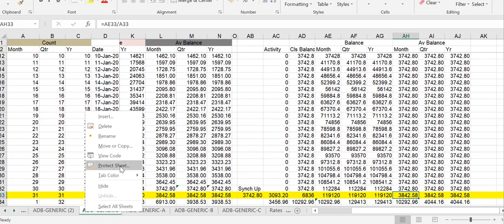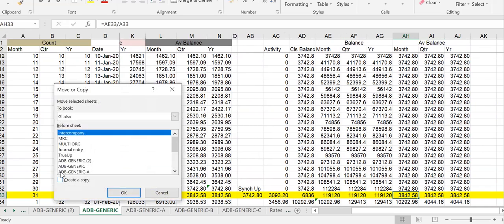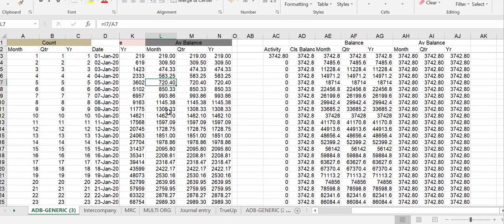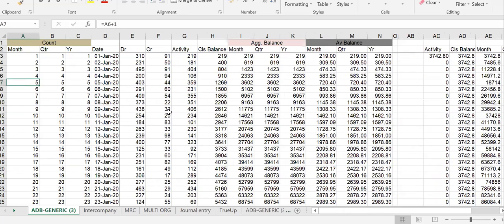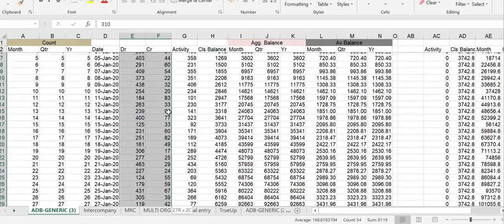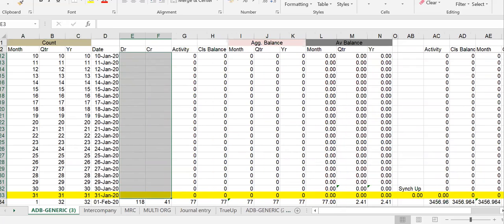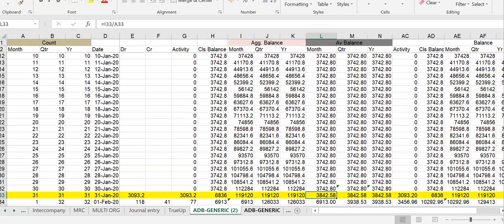For further clarification, I can just copy this here. Now let me make it all 0, and let me draw this.